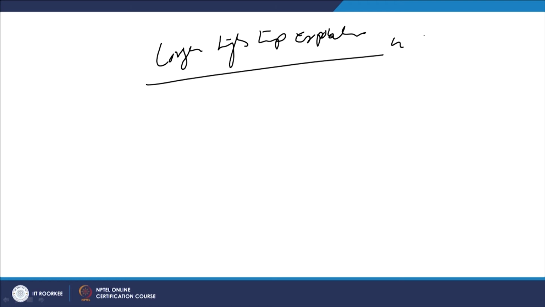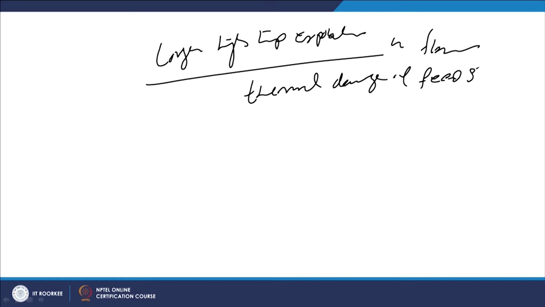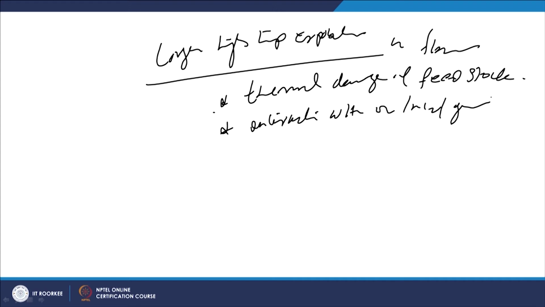As we have seen, a longer high-temperature exposure of the feedstock material in the flame leads to thermal damage of the feedstock material. This may be in the form of decomposition of the tungsten carbide or chromium carbide particles, or their interaction with the oxygen, nitrogen and other gases present in the flame. So, this will lead to the formation of inclusions.